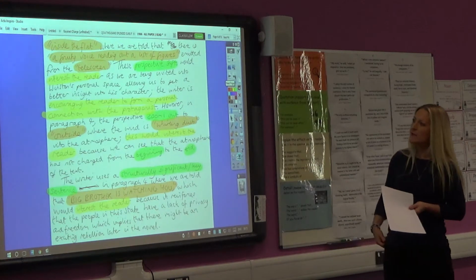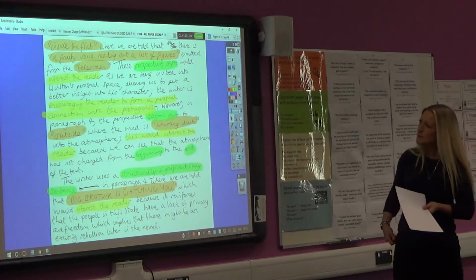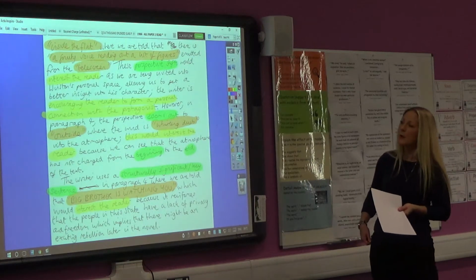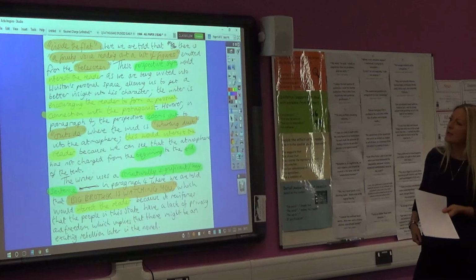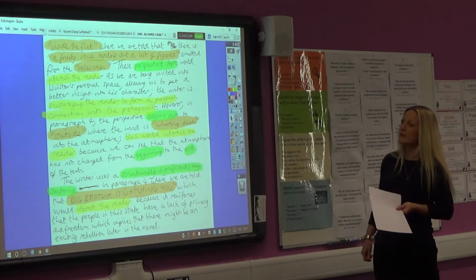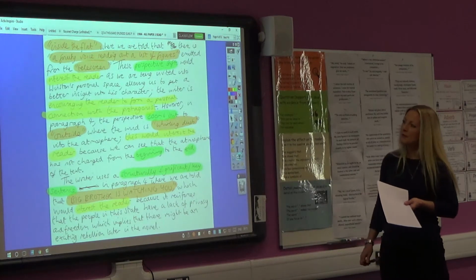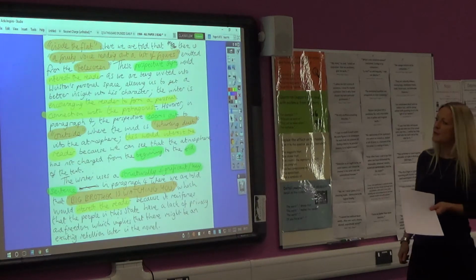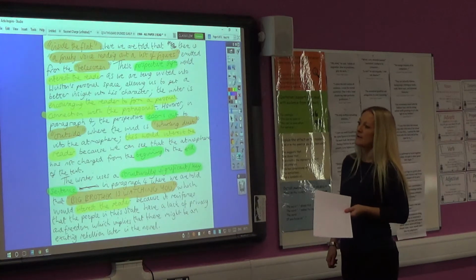These perspective shifts would interest the reader as we are being invited into Winston's personal space, allowing us to get a better insight into his character. The writer is encouraging the reader to form a personal connection with the protagonist.